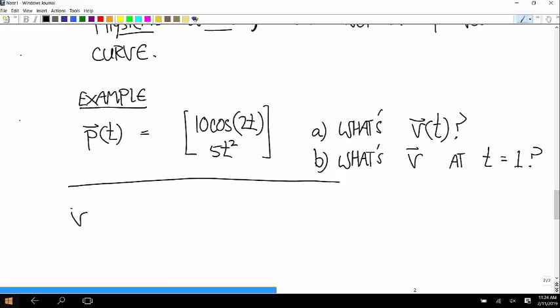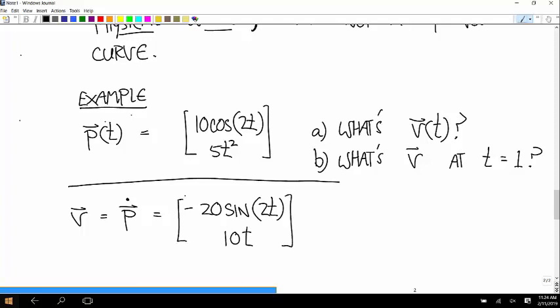Okay, so the velocity is the time derivative of the position. So that's equal to negative 20 sine 2t. Did I do that right? And then the y component is 10t. So that's the velocity as a function of time.